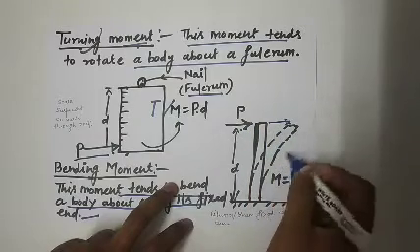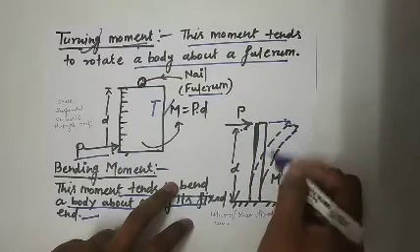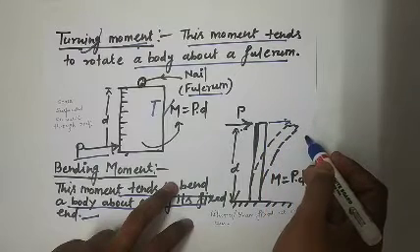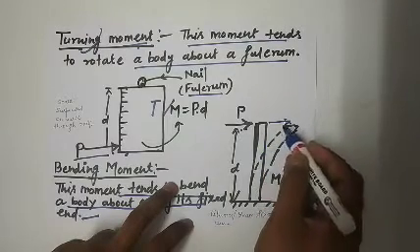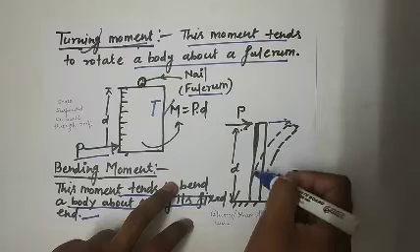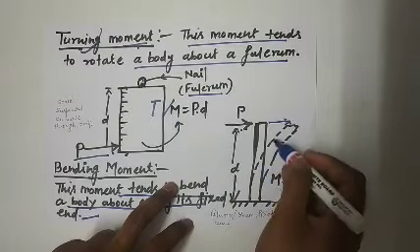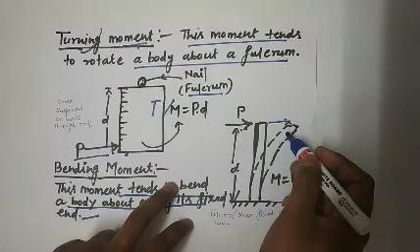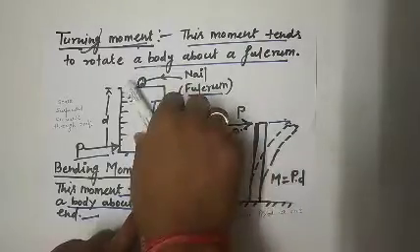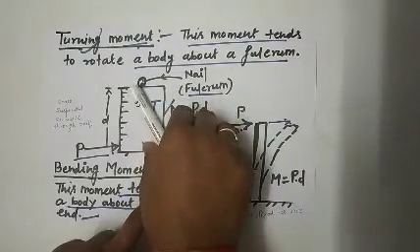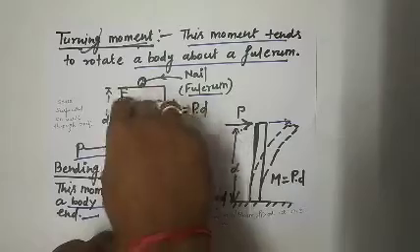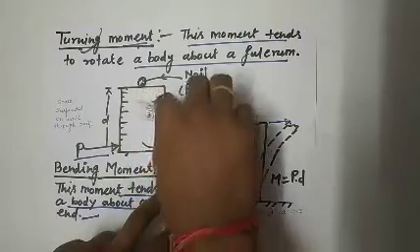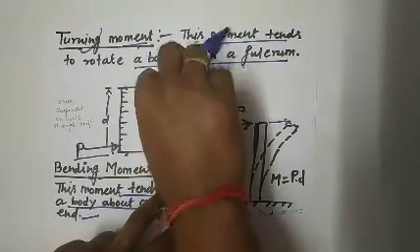What we see is that the beam is bent. Initially it is straight, now it has moved into a curved shape. So we say that it is bent. In case of turning, there is no change in the shape of the body, the whole body is turning about a fulcrum.